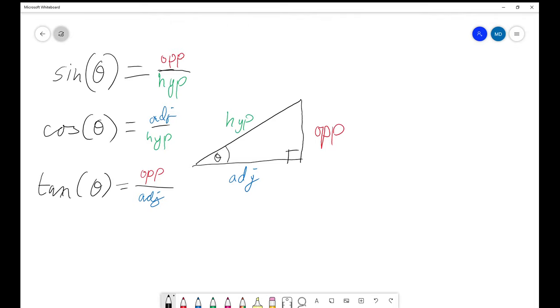We define a triangle such that the hypotenuse is always 1. So we pick our right angle triangle and the hypotenuse is going to be 1. Then we've got this side which I'll call y and this side I'll call x.